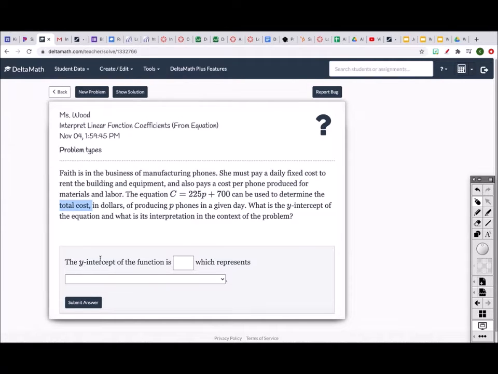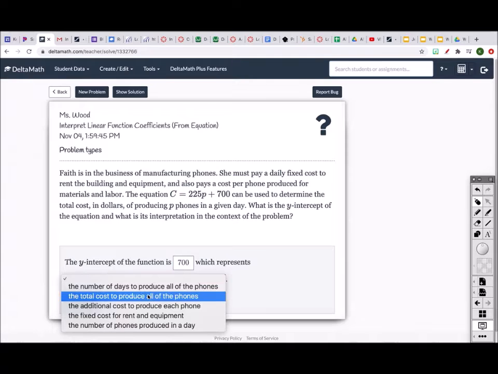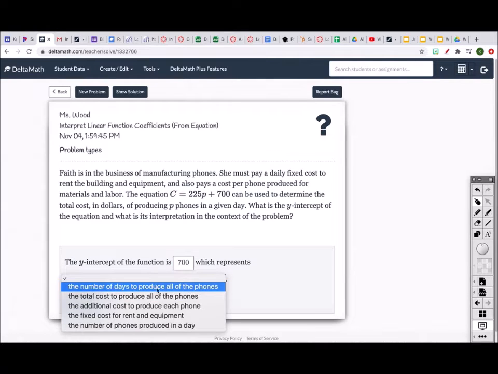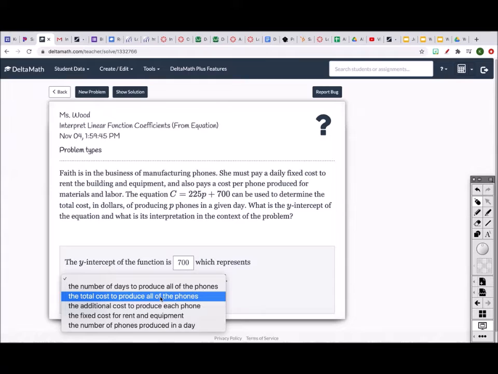So now I have to go back down to the y-intercept of the function. We've already talked about which one of these numbers is the slope and which is the y-intercept. Well, correct, the y-intercept is 700. And this talks about where it begins, where the cost begins, the initial setup fee, the cost to get started. So is that the number of days? No. Is it the total cost to produce all of the phones?